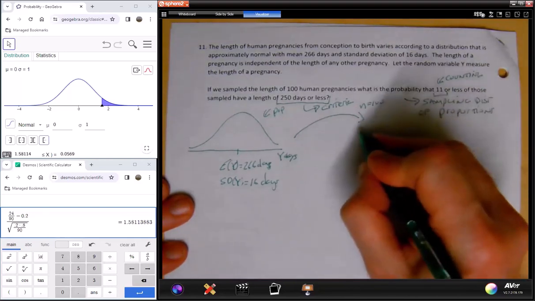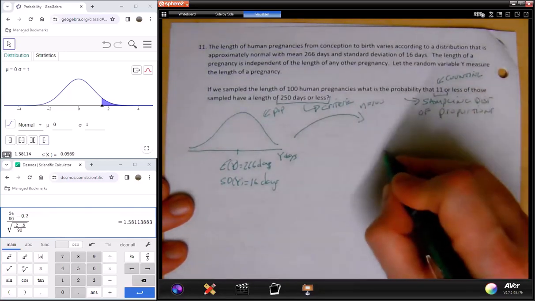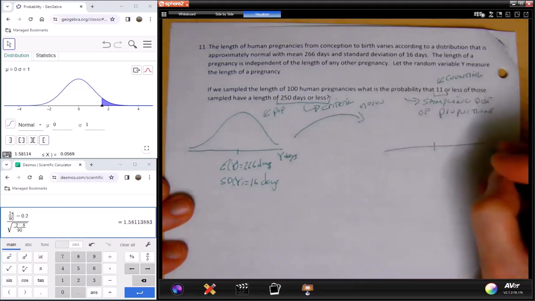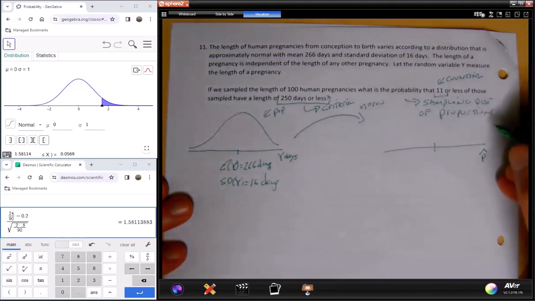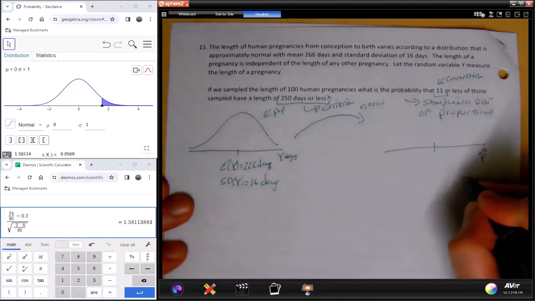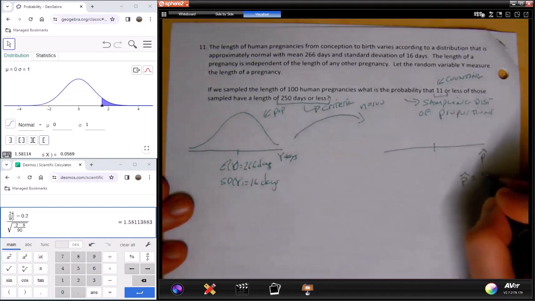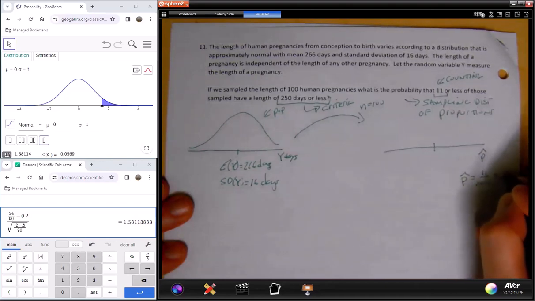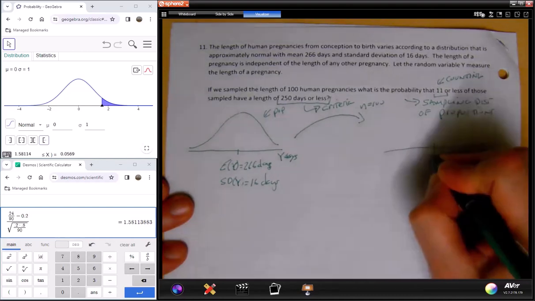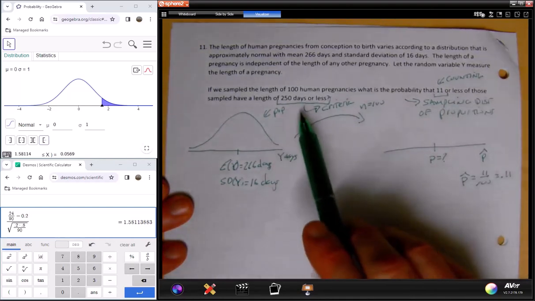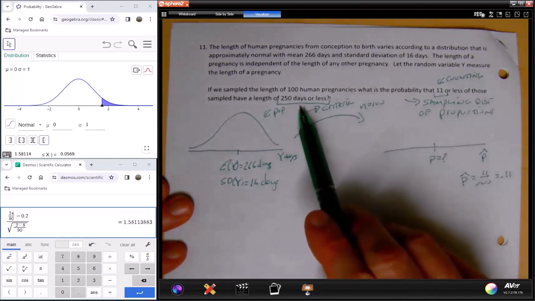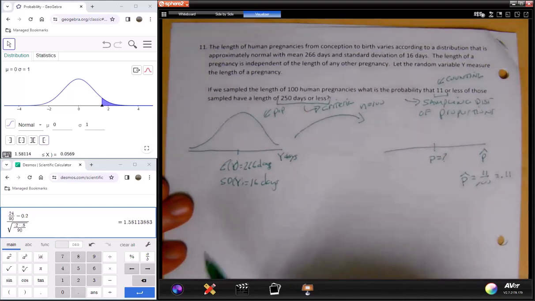Because what I'm going to do with these 100 values is figure out how many meet my criteria. So really, this is the sampling distribution of the sample proportion. Fantastic. It looks like my p-hat in question is 11 out of the 100, or 0.11, 11%.